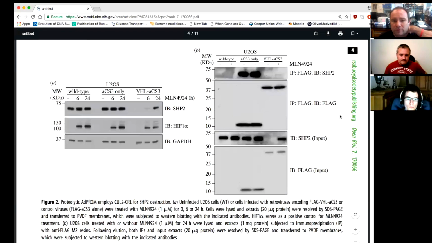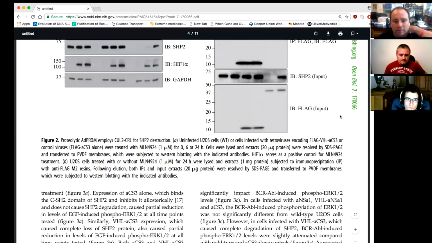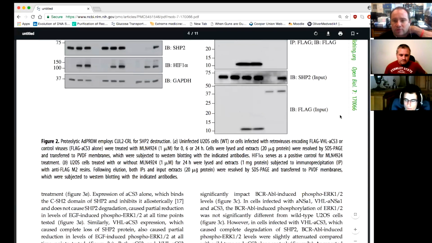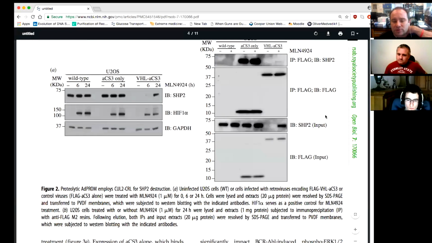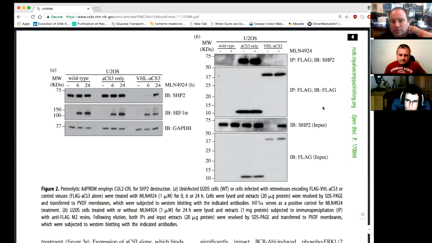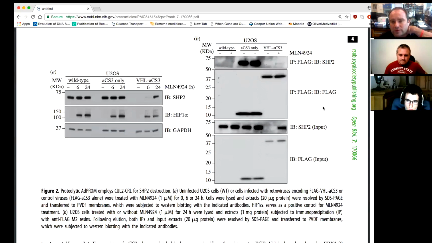What do they do in figure B? Precipitation. Oh, here they're doing a binding assay. So this is different from these Western blots in that instead of loading all of the cell extract and taking a look, trying to find your protein, you're actually testing for interactions, right? What binds to what?